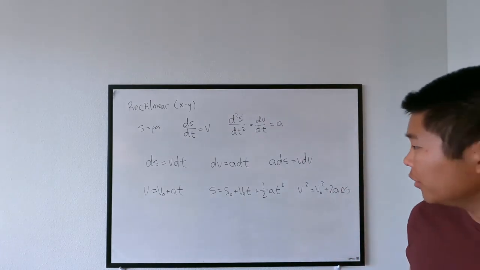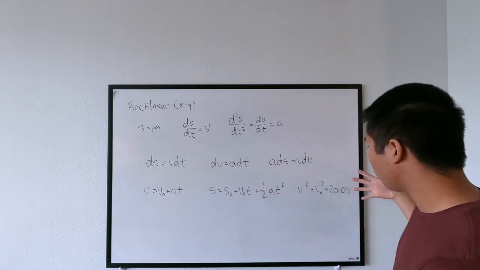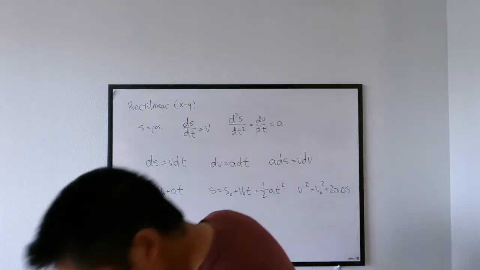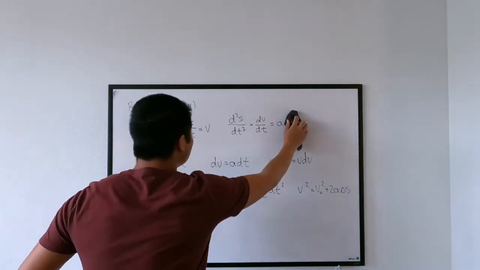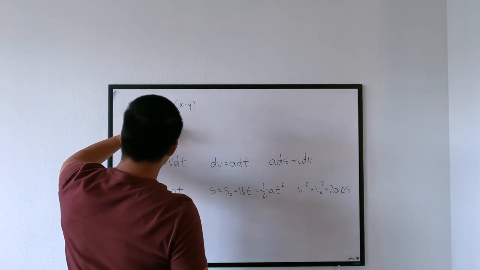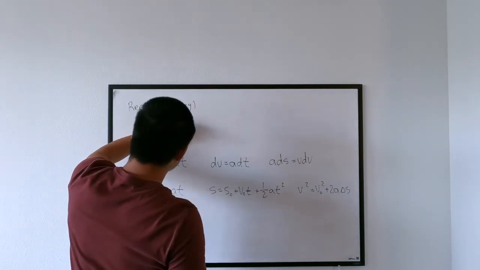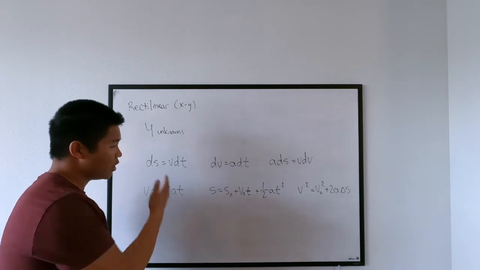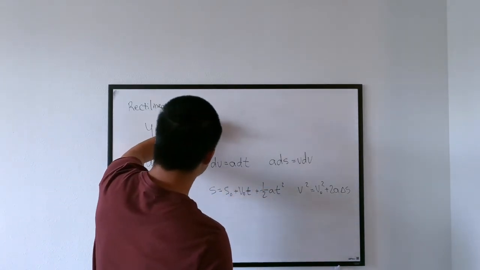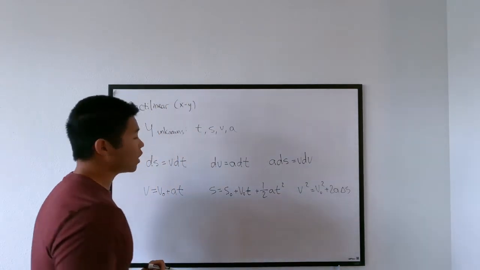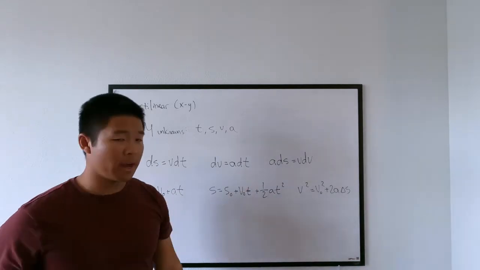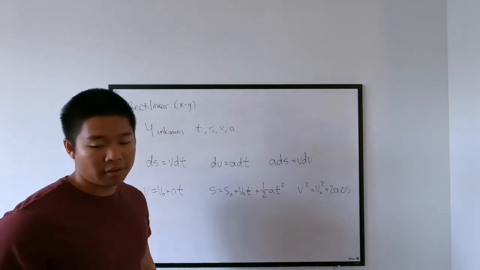Notice that all of these formulas can be a little bit overwhelming, but at the end of the day, there are only four variables in all of these equations. What are they? Time, position, velocity, acceleration. Every single one of these equations has some combination of these.